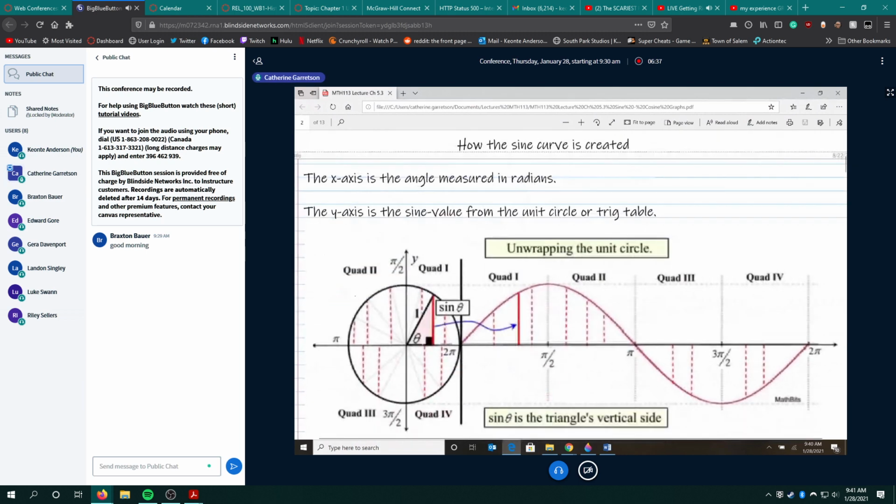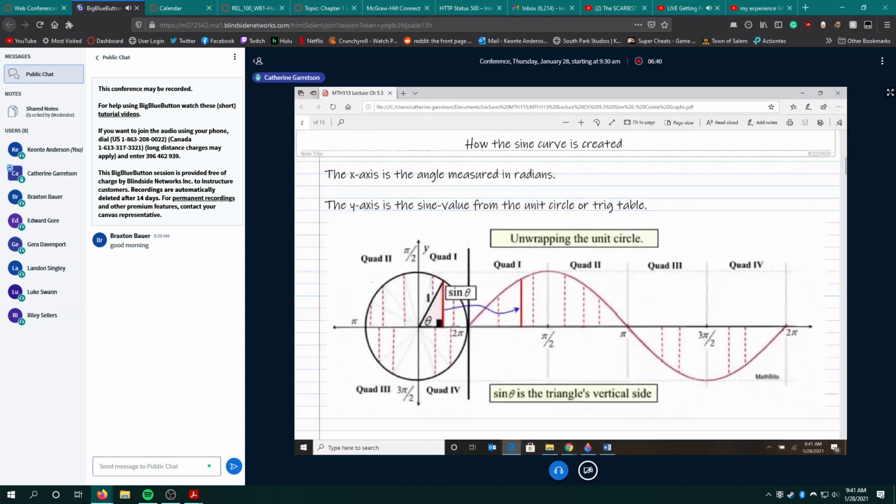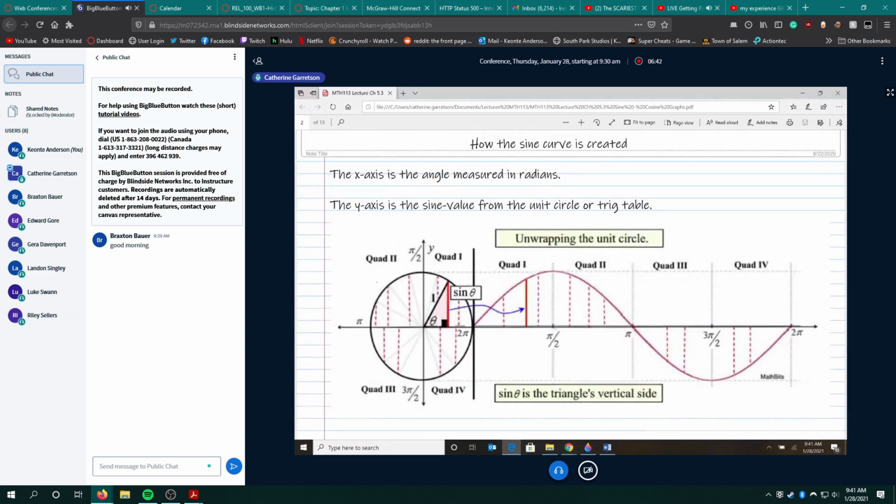So one of the things that's going to happen when we go to graph these trig functions is that the x-axis will be subdivided. The little markations that you see are subdivided based on radian units. So that corresponds to angles.